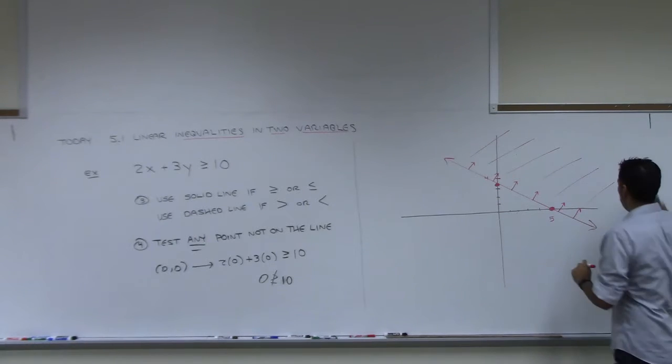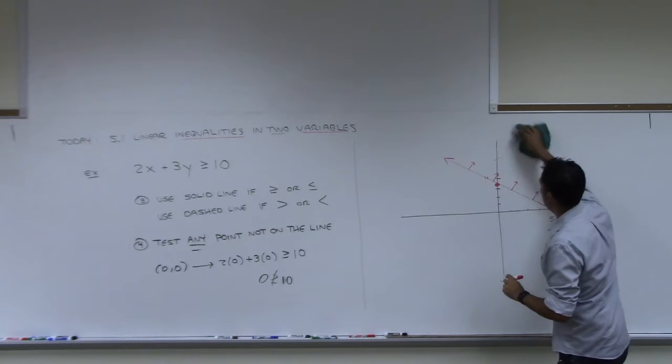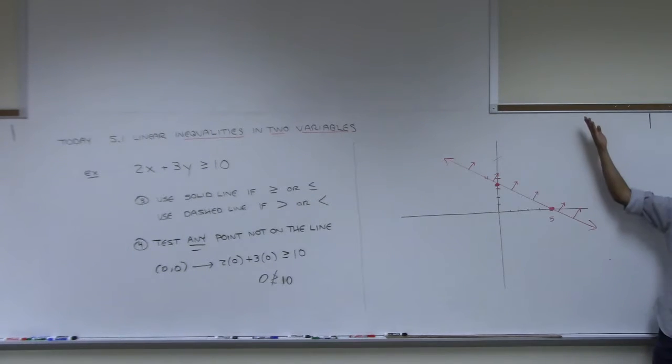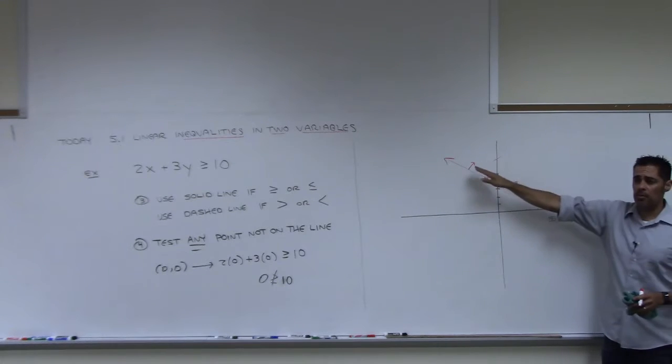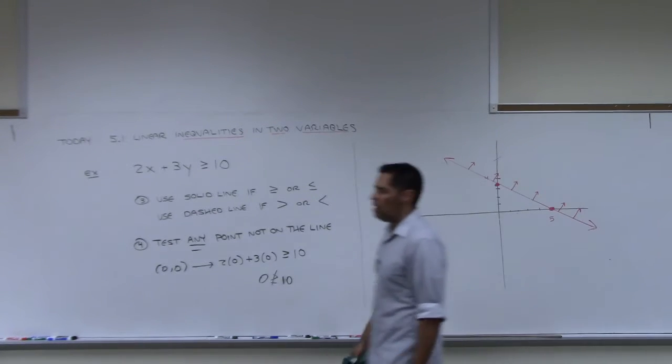And imagine if this wasn't here. Wouldn't that be enough to let you know that it's this line and everything up here? Yes? Okay, so this is acceptable, or with the lines the way I shaded it. Either way.